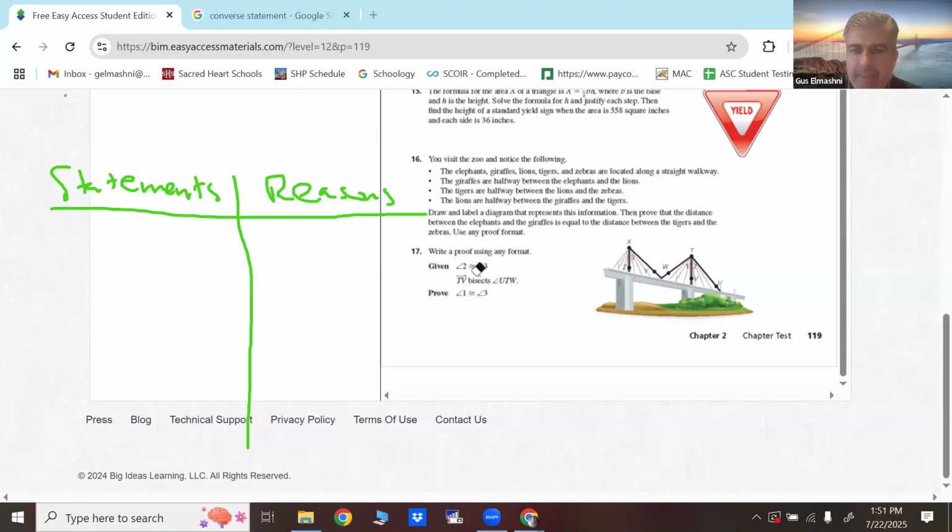Don't worry about it. So you want to prove, given that angle 2 and angle 3 are the same, and TV bisects UTW. So here's the deal. You're going to say, angle 2 is congruent to angle 3, and at the same time, I'll say TV bisects UTW.